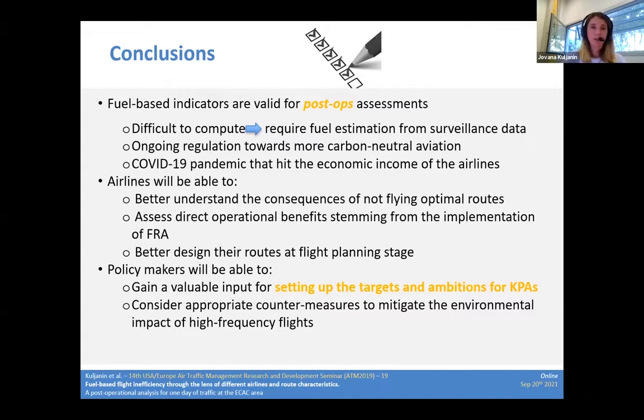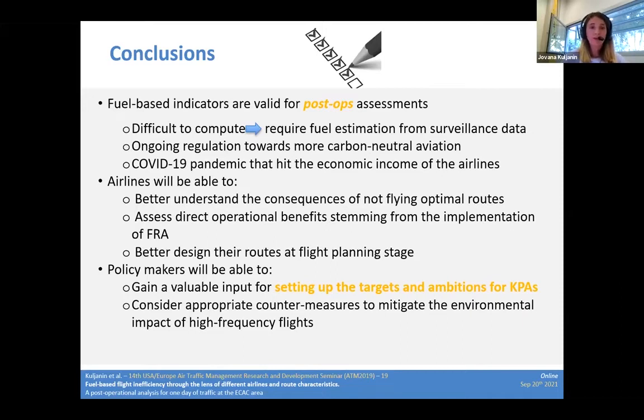So the conclusion can be beneficial for the airlines, which can better understand the consequences of non-flying optimal routes, but also the airlines can better assess direct operational benefits stemming from the implementation on free routes airspace, which is envisioned to be highly deployed at European and probably American level.